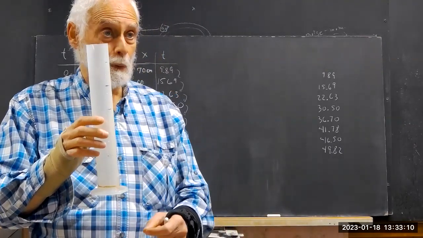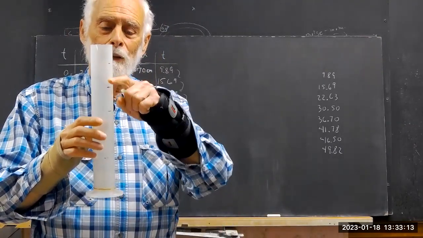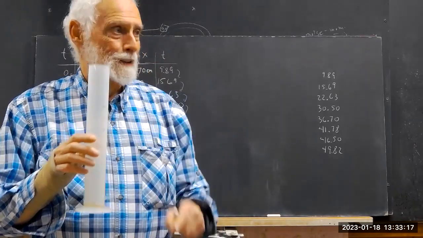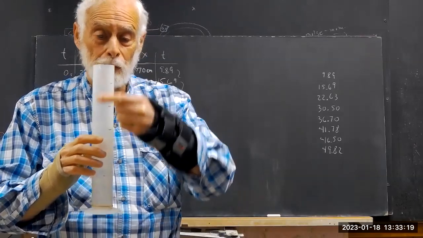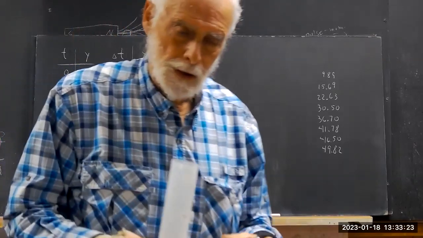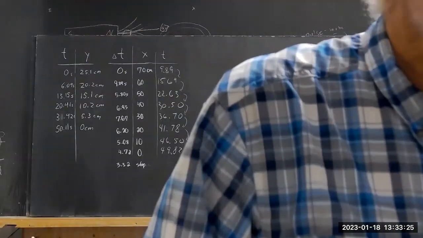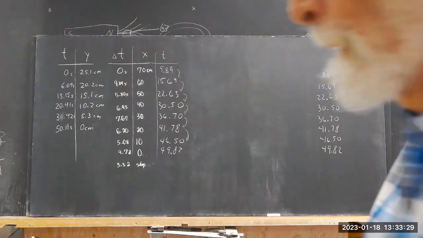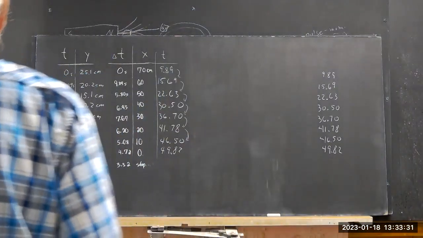The rate at which you're losing water decreases, so the rate at which the water depth changes is going to decrease since you have a uniform cross section. Okay, well, we can calculate all that, and you will. Part of your homework. But here's the data though.